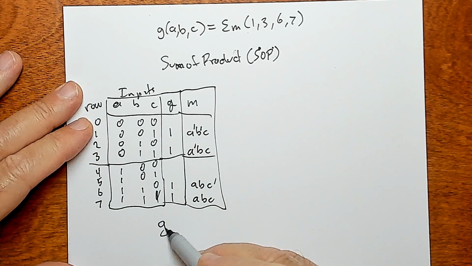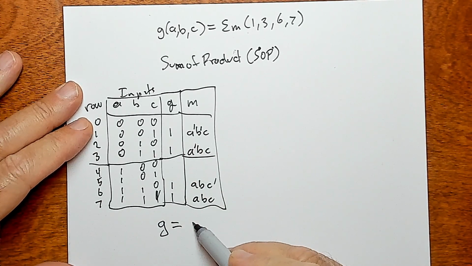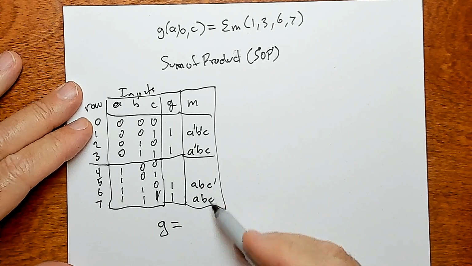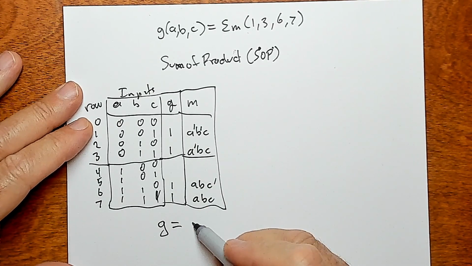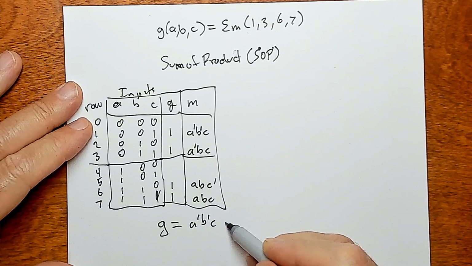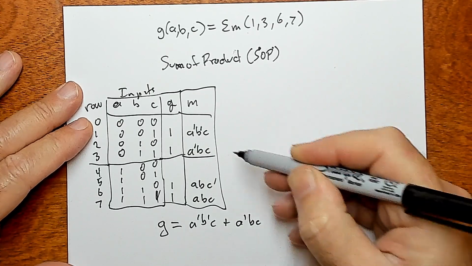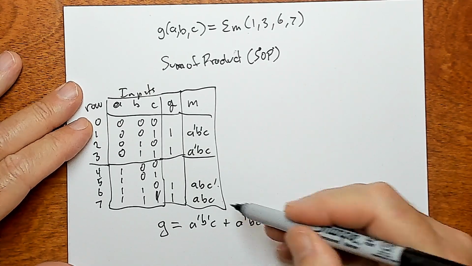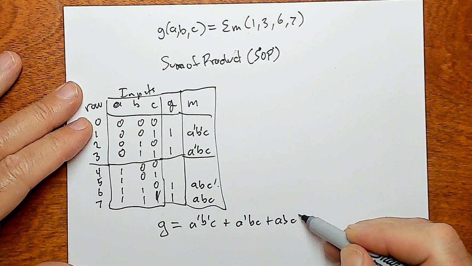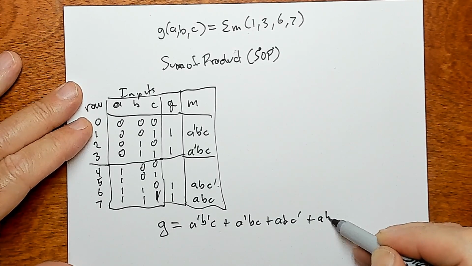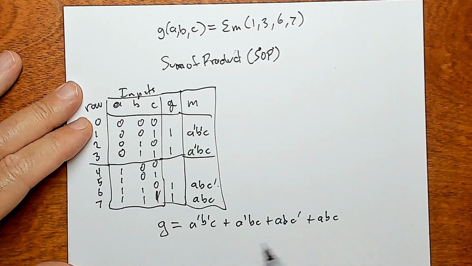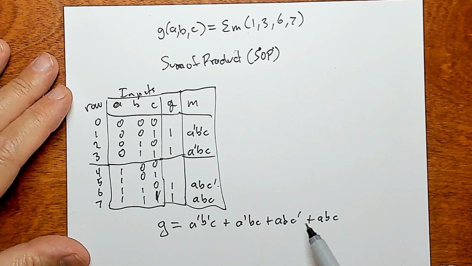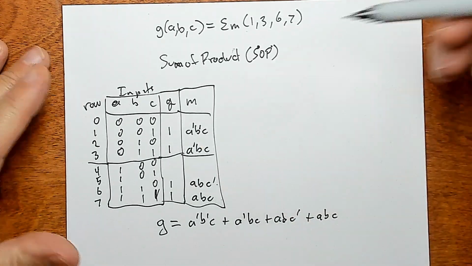So basically G is the sum of these products. It's A not, B not, C, or A not, B, C. It's this one or this one, or this one or this one, or A, B, C not, or A, B, C. So you could build this out of gates, and it would produce this truth table.